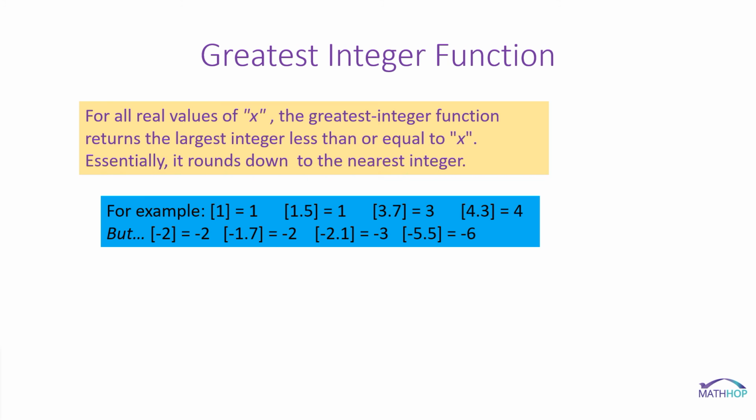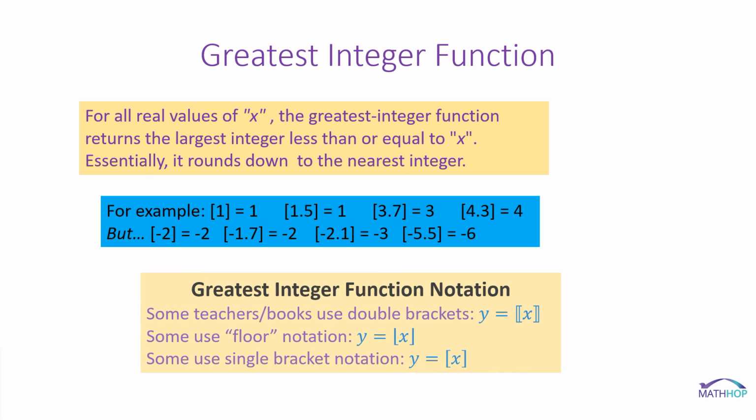An input of -1.7, remember, lowest whole number, that is going to return -2. -2.1, lowest whole number, is going to return -3. And -5.5 is going to return -6. So when you are doing greatest integer function with negative inputs, be very, very careful.